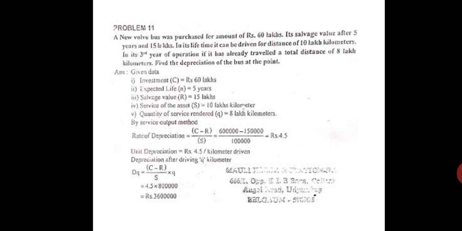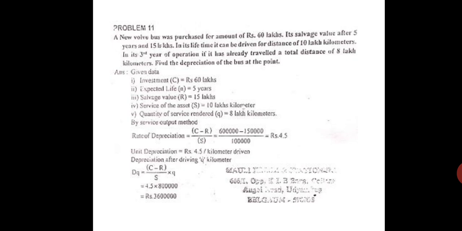So per kilometer, how much is the depreciation? The initial investment minus salvage value, divided by the life in kilometers, not in years. So you get 4.5 rupees per kilometer. So the unit depreciation is 4.5 rupees per kilometer.